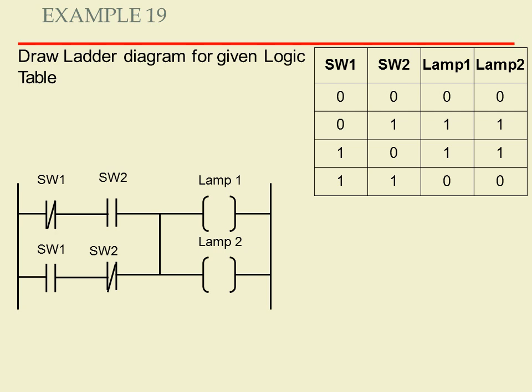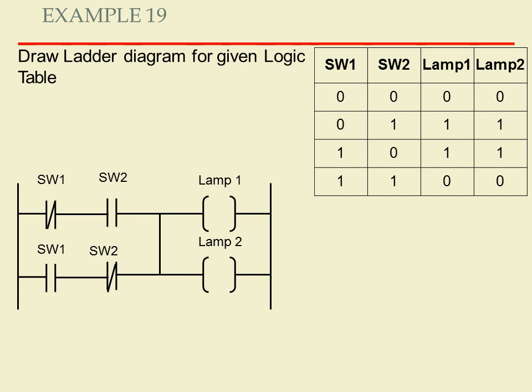Next, again there are two switches, switch 1 and switch 2, and two output devices. First consider switch 1 and switch 2. 0 0, 0 1, 1 0 and 1 1 are the input conditions.